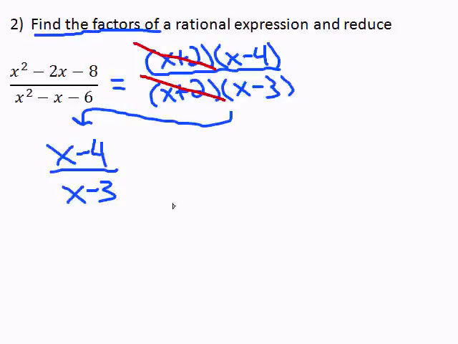My question to you at this point is, can you cross out or cancel out any like factors of the top and bottom of x minus 4 over x minus 3? The answer is no. We cannot reduce further.